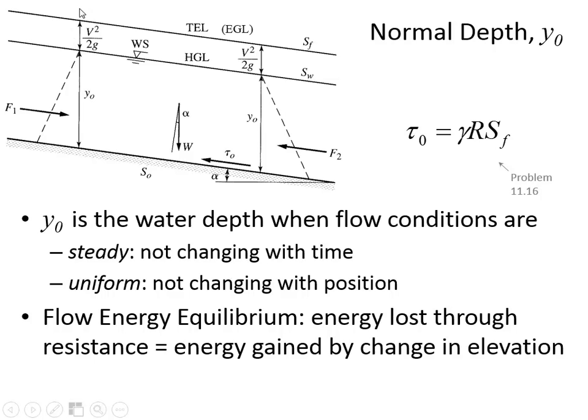And so from location 1 to location 2, upstream is location 1, downstream is location 2, there's some delta Z here. You know, the channel incline is such that there's a change in elevation, and that change in elevation is equal to the energy that's lost because of shear stress.